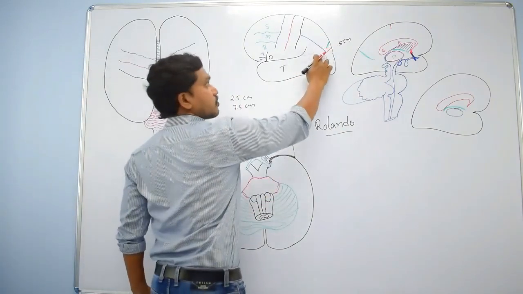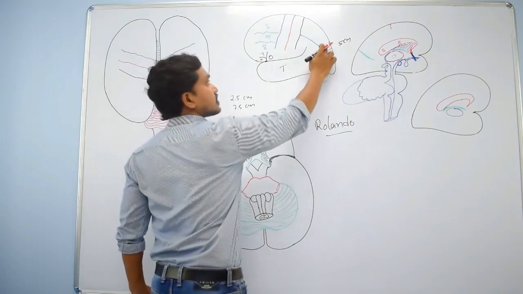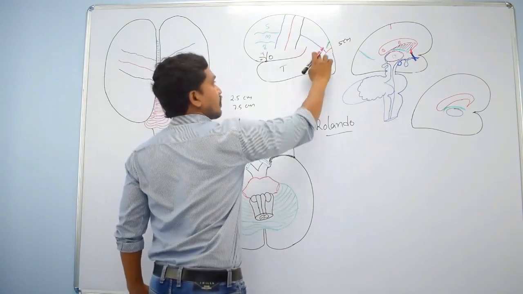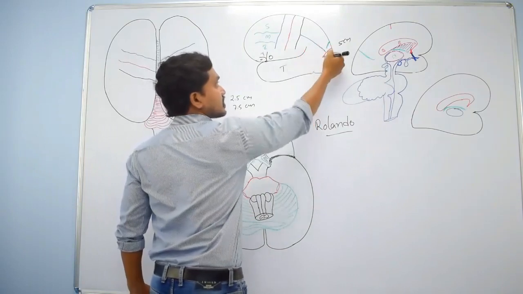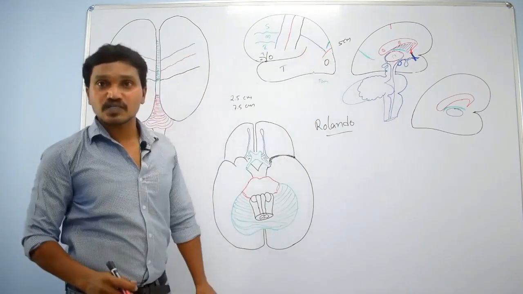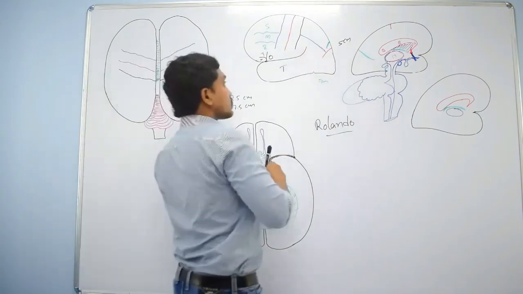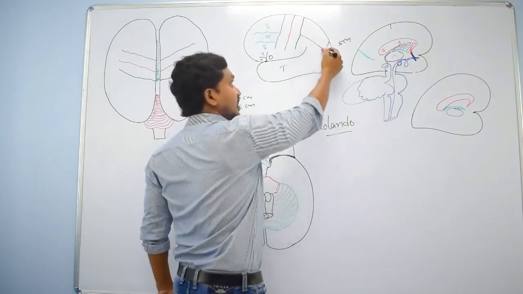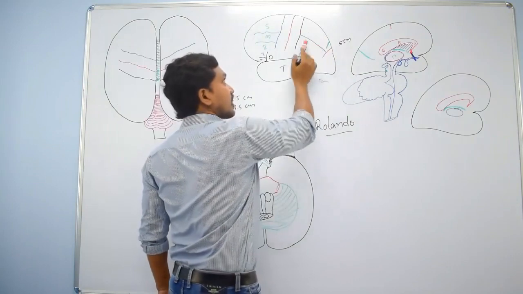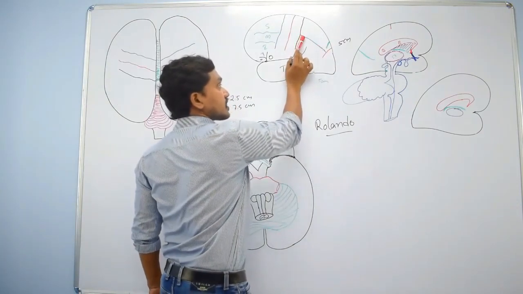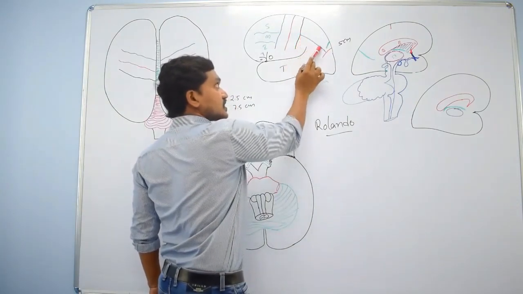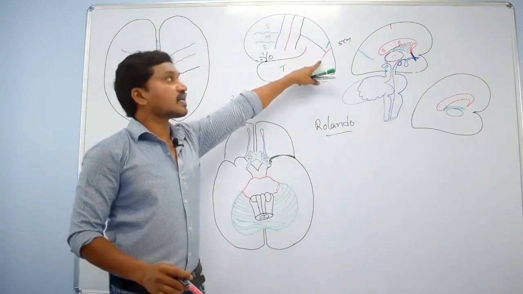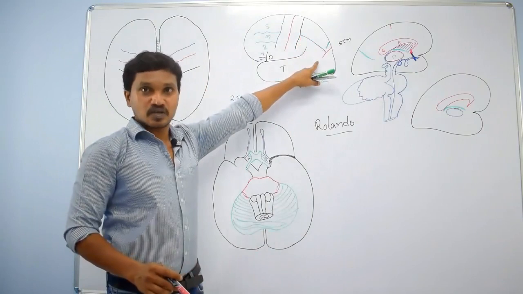Now I am removing the imaginary lines to avoid confusion. So what is this sulcus? Transverse occipital sulcus. So this sulcus which is arising from the middle of the post-central sulcus extends backwards and unites with lateral occipital sulcus.